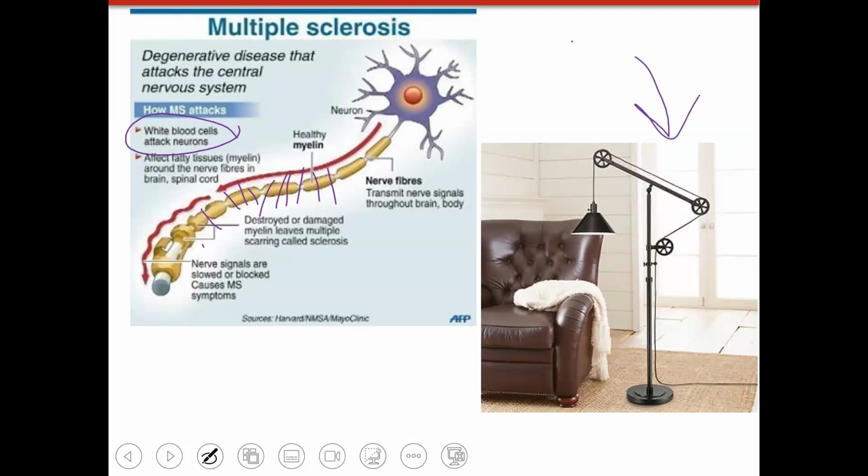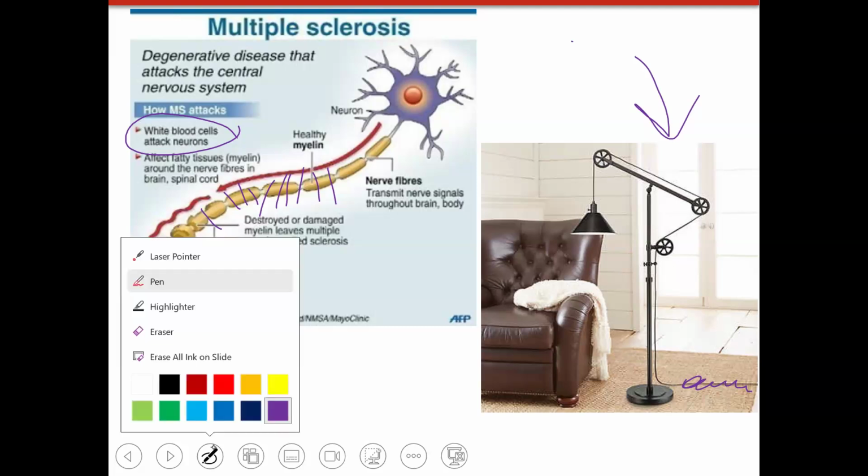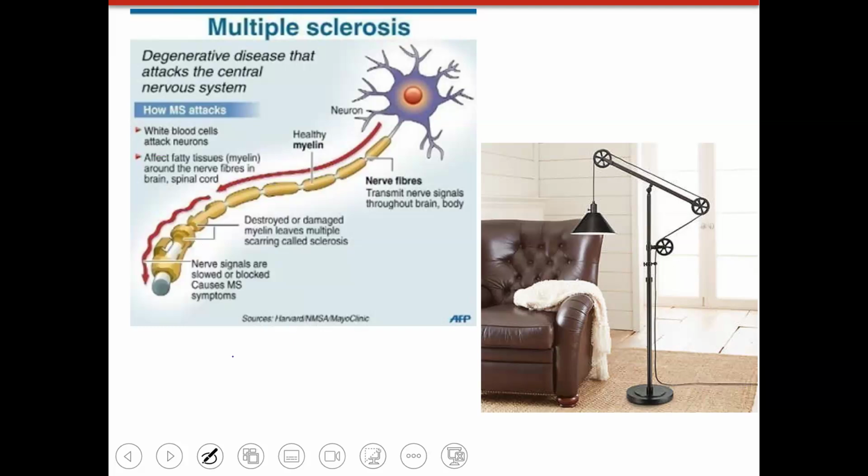So think of it like a lamp. You come in and the lamp's not working, and somehow you determine that maybe something ate through the wire, a little rat ate through the wire. And if we didn't live in a throwaway culture where we would just throw the lamp out and maybe order one on Amazon and have it show up. No, we want to repair it. So what do we do?